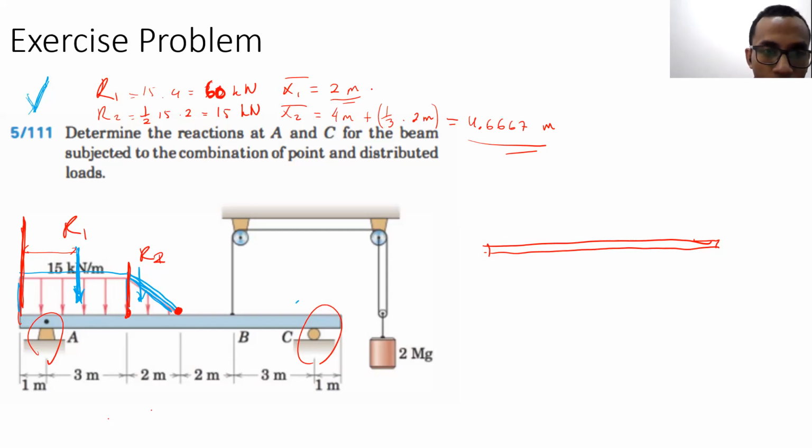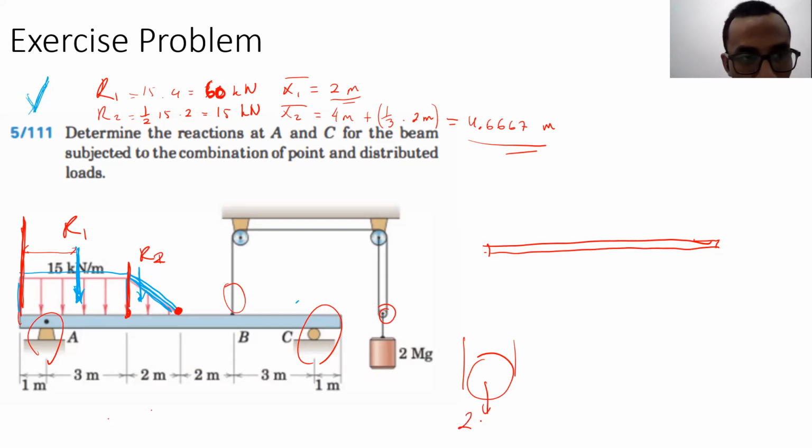The other thing that you're supposed to find is this value. What is the tension there? Half of the weight. So if we draw the free body diagram of this particular pulley, supposed to be megagram.